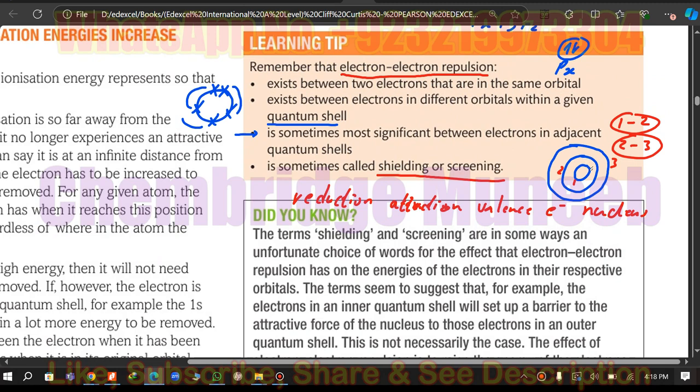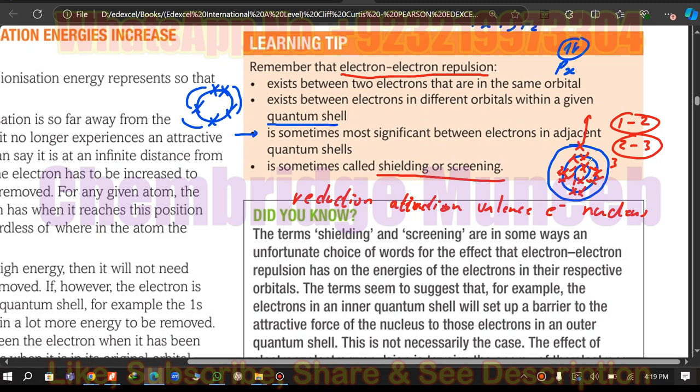Now let's suppose this is the structure of a simple atom in which we have electrons in the first shell, then electrons in the second shell, and then electrons in the third shell. Because of these electron repulsions, the valence electrons are moving away from the nucleus.